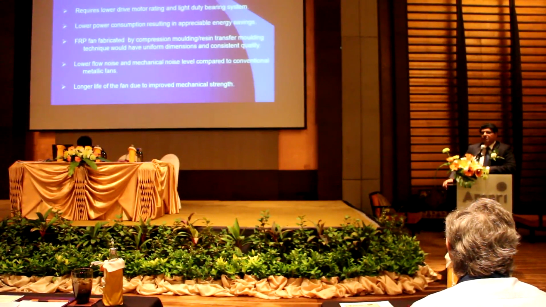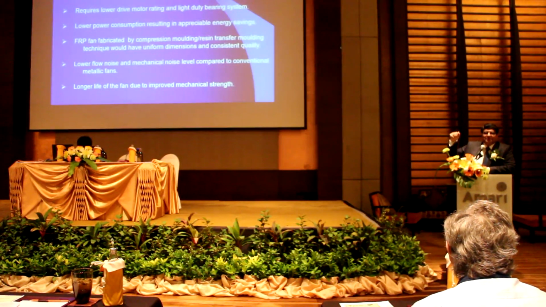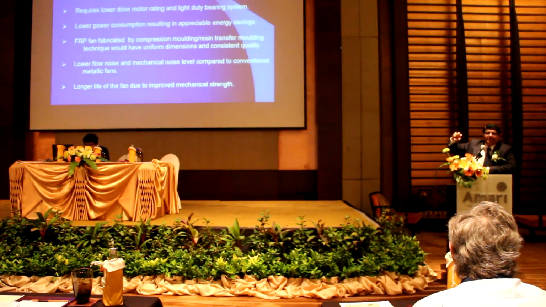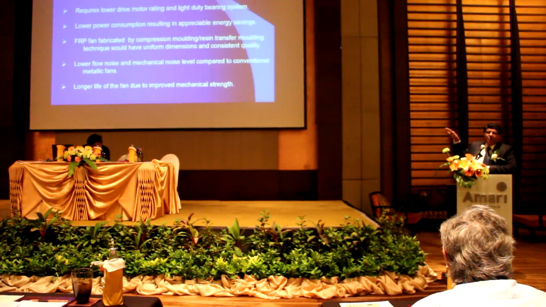Why? It's only the starting torque of the motor that is required to be overcome, depending on the GD square or the moment of inertia, which is finally related to the mass of the equipment that you want to drive. So it's just that starting torque that will be required less in a hollow FRP blade design, or higher torque on a metallic blade design.